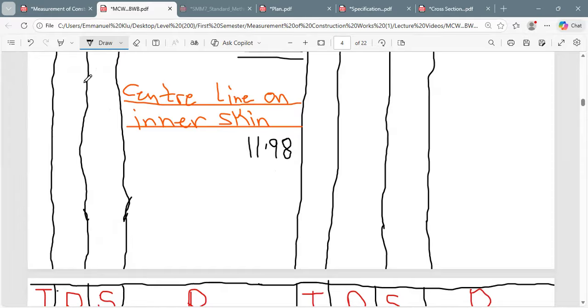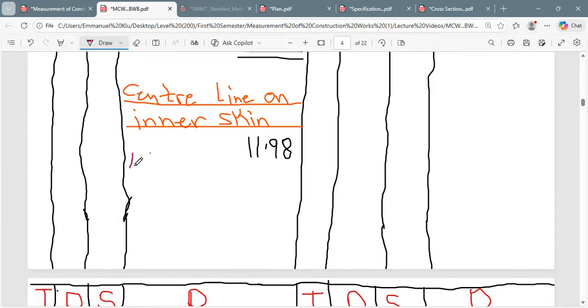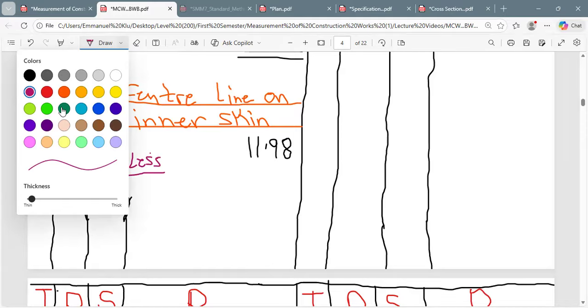So let's less 4 times 2 times 76.25. Yes. So you see that less means subtract.